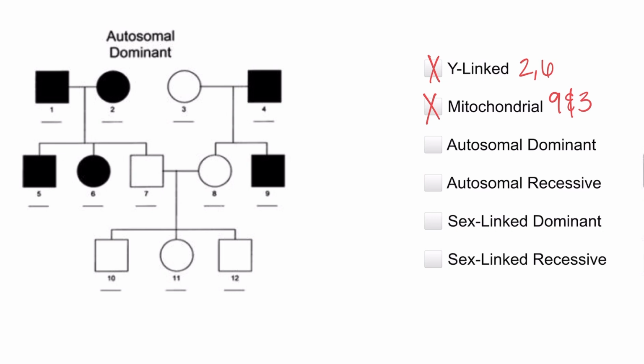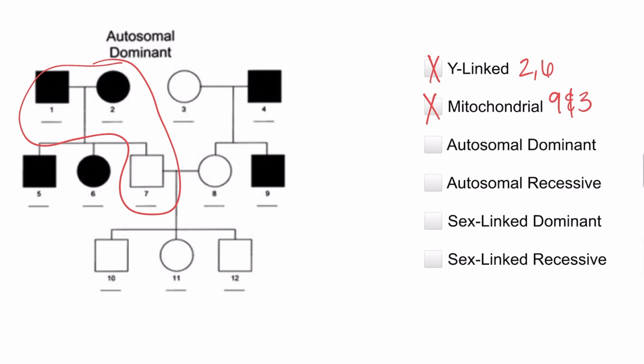Okay, now let's determine if it's dominant or recessive. I'm going to find 2 parents that have the same expression and a child that has a different one. So in this case, I'm looking at parents 1 and 2 and their child number 7. Looking at this, I can see that my 2 parents do express the trait and my offspring does not.